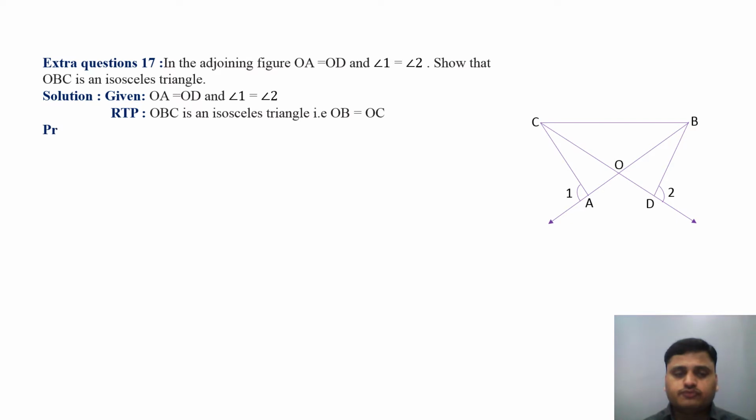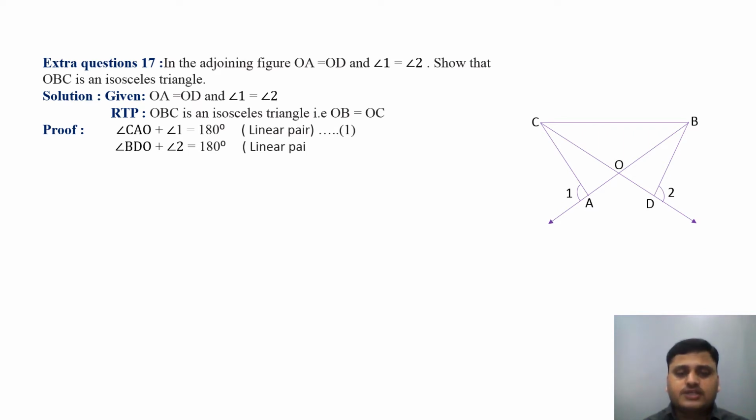Let's begin the proof. We will use what is given in the question. Angle CAO plus angle 1 is equal to 180 degrees, that is a linear pair. We will call this equation number 1. In the same way, angle BDO plus angle 2 is equal to 180 degrees, again for the same reason, linear pair, and we will call this equation number 2.